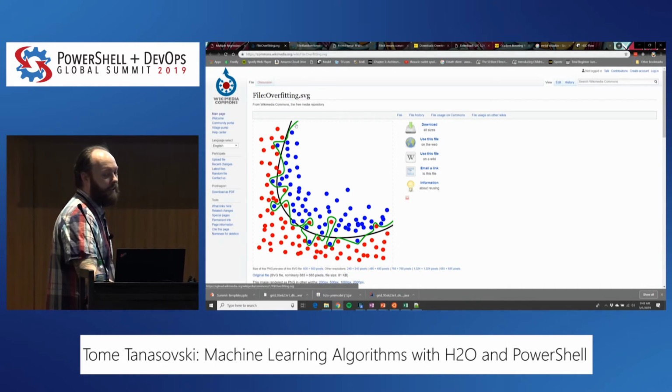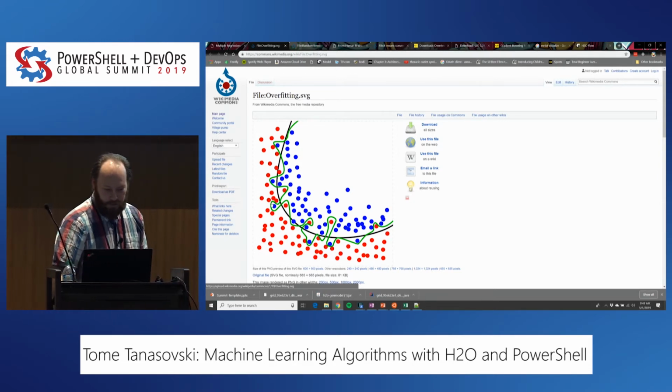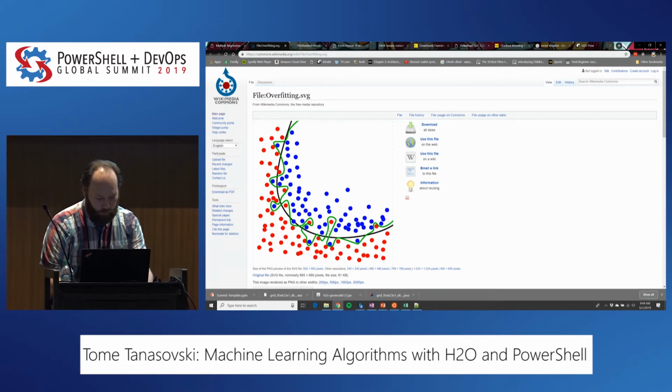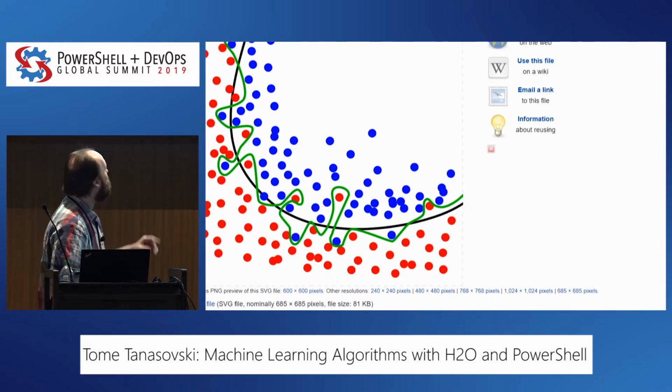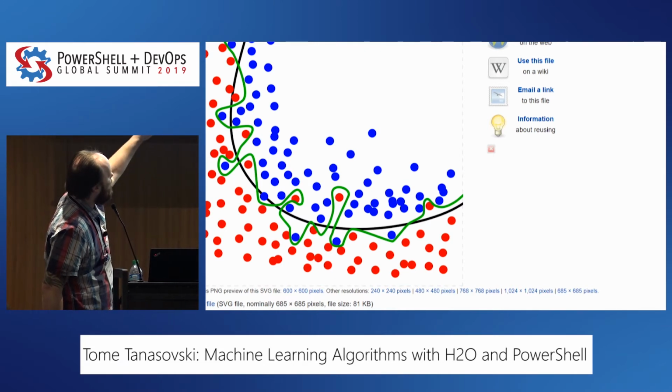The overfitting idea is what if you actually, and some of these algorithms actually do this, write functions that are so tight that they fit completely around the data set like this. The best example of this is in this bottom portion right here. Imagine the blue between the black line and that green bucket.